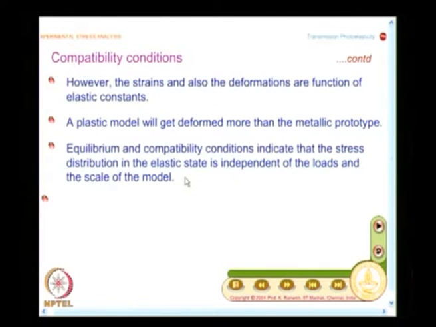I do not have to feel sorry that I could do it only in plastic and then compare it with the metal. You are doing it on plastic and the results are equally valid as far as stress and its distribution are concerned. The same is not true for displacement and strain; they are dictated by elastic constants. This subtle difference you should understand very clearly.